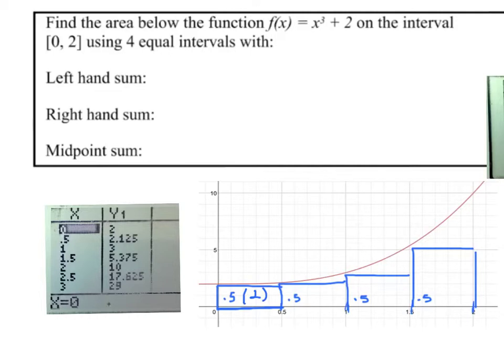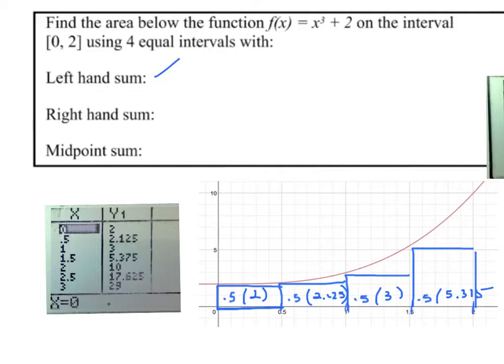The value at 0.5 is 2.125, at 1 is 3, and at 1.5 is 5.375, like that. Okay. Now, you'll actually calculate those and then add those up, and that will give you the left-hand sum. I'm not going to do that in the interest of time. I'm going to rely on the fact you can do that.